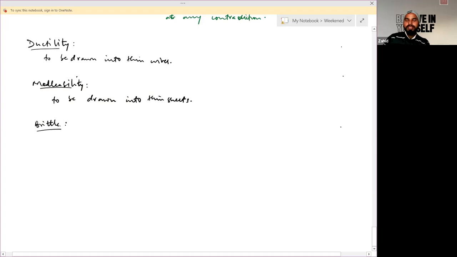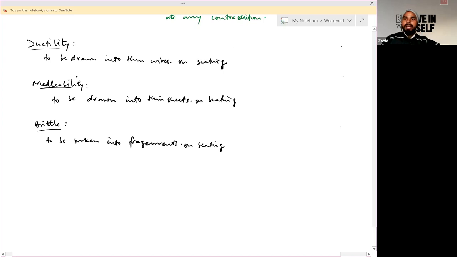The property of a body to be broken into fragments on beating, or on applying stress, is termed as a brittle substance.